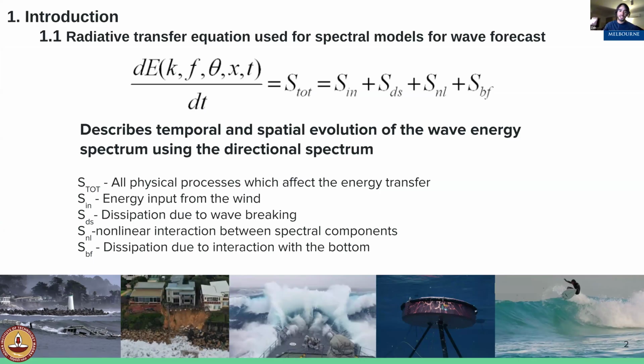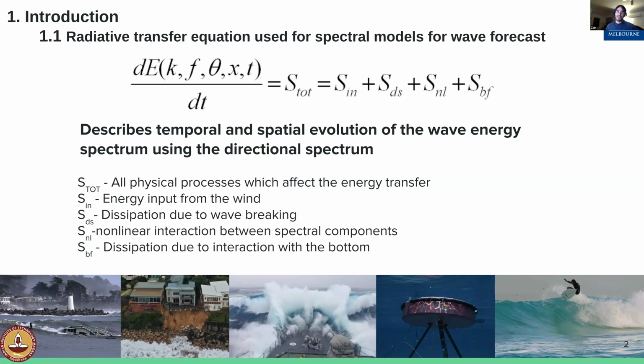So this includes the energy input from wind, the energy distribution with nonlinear effects, and dissipation by breaking waves and bottom friction, right? As we know, these parameters are not perfect, so we assimilate them by correcting with measurements of the directional spectrum in the areas where we do have data available. So being able to measure the directional spectrum properly helps us to know if we are parameterizing effectively in the models.